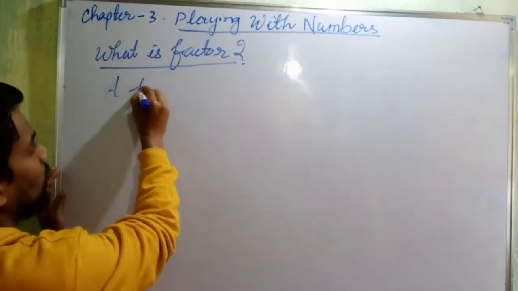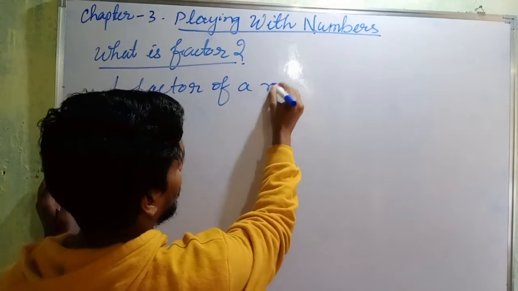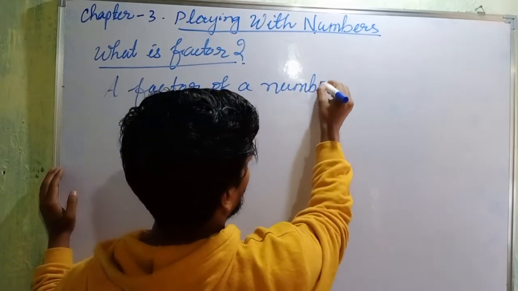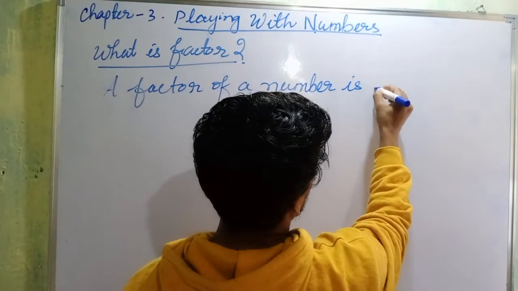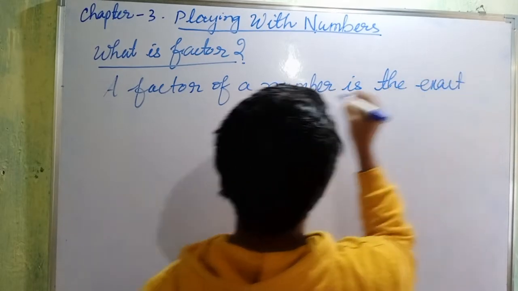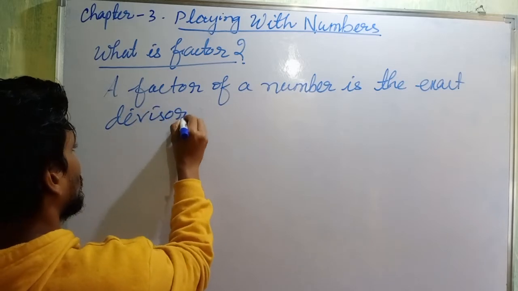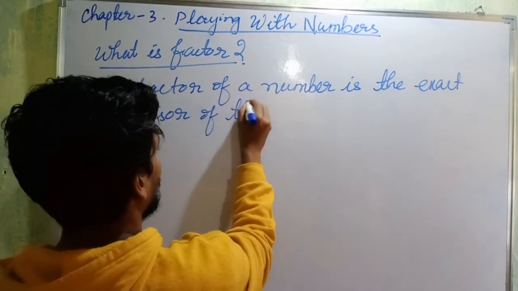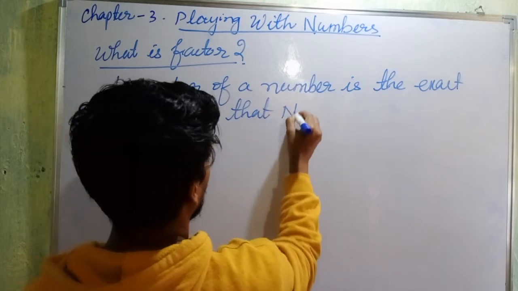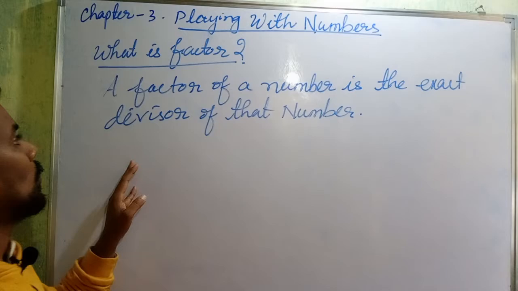A factor of a number is the exact divisor of that number. So, what does it mean?